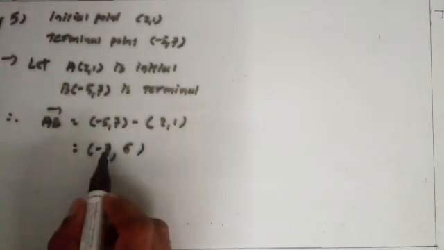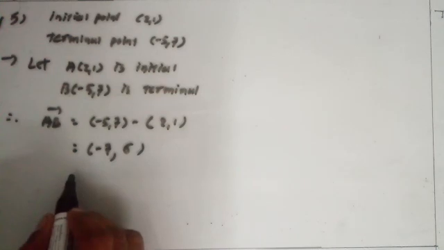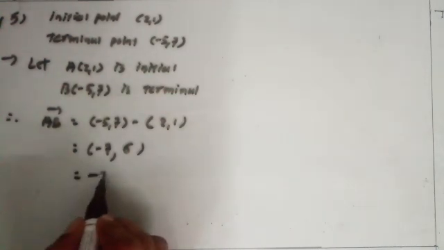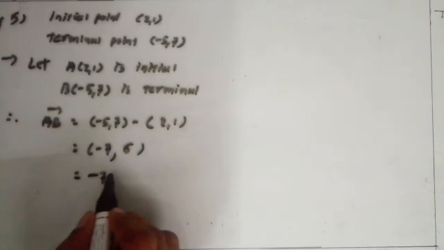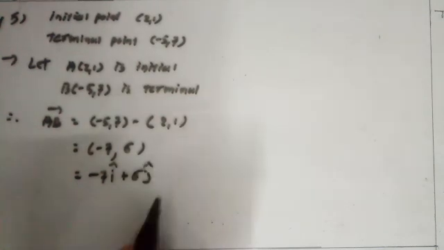So (-7, 6) is the vector AB. Changing into linear combination form, it is -7i plus 6j.